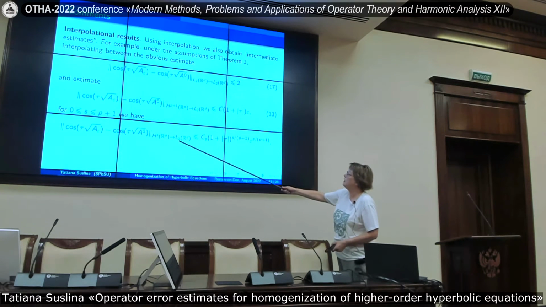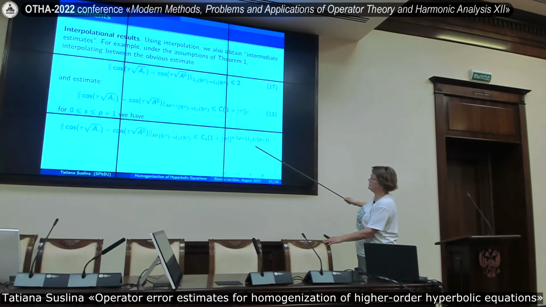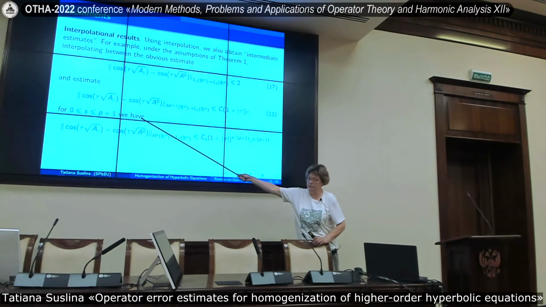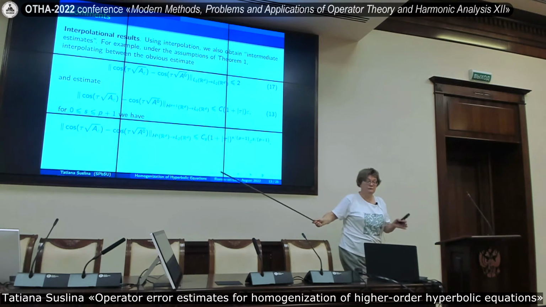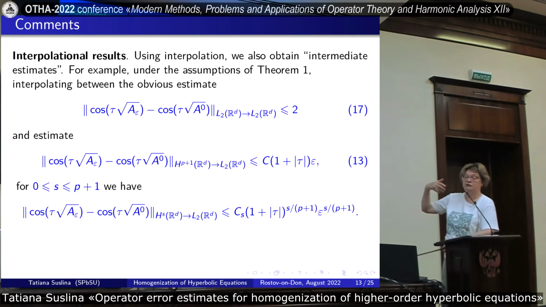And then we obtain such an intermediate estimate of order epsilon to the power s divided by p plus 1 for any s between 0 and p plus 1. Of course, other results also have interpolational corollaries, but now I don't have time to formulate all interpolational results.